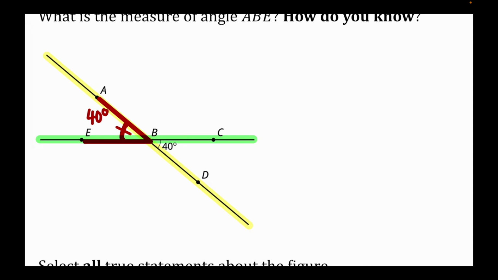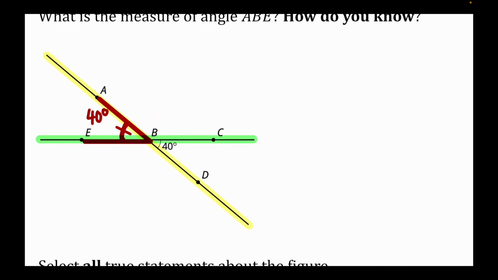I'm going to use my laser pointer a little bit to talk about this. This green line is 180 degrees. A straight line makes 180 degrees. That's just our fact that we're working with. This yellow line also makes 180 degrees because it is a straight line. You may notice, though, that we have an overlapping area where the green and the yellow make up an angle together, one that is not the angles in question.